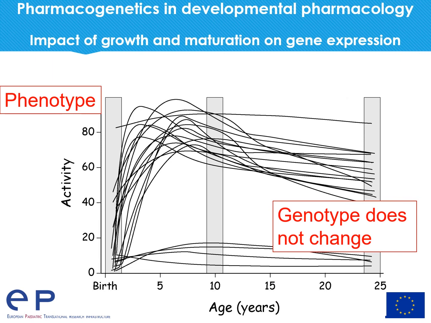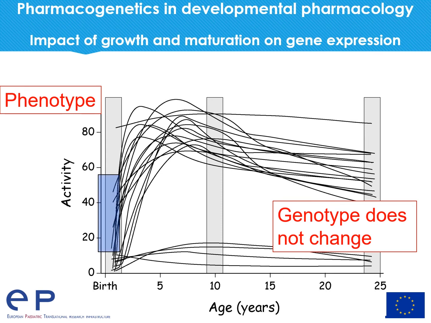We need to understand that pharmacology and developmental pharmacology is impacted by growth and maturation, which will change gene expression according to age. Of course, the genotype doesn't change, but the phenotype, as seen here, changes with age.